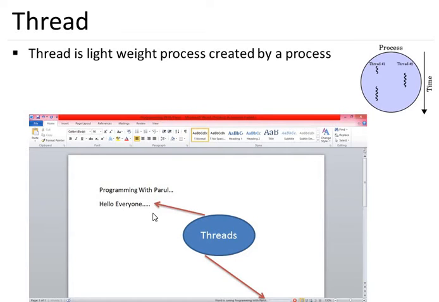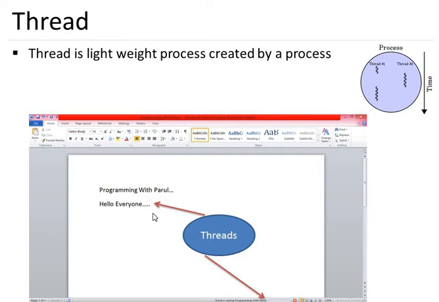Whenever you compile and build, there are various things that happen over there. So that task is divided by that particular process, and this divided task is performed by the thread.